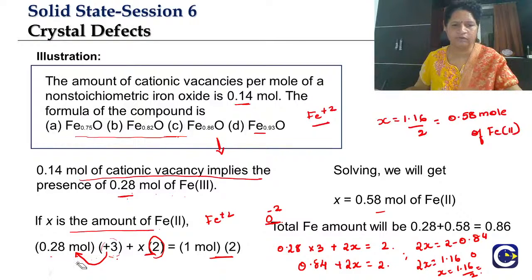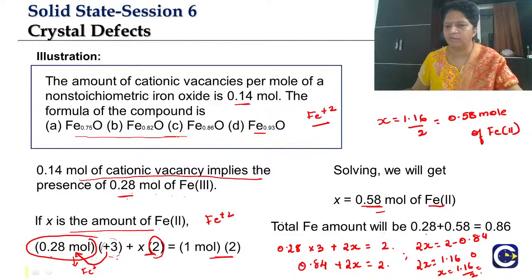0.28 moles of Fe plus 3, 0.58 moles of. See, we stopped here. The options were given for the complete composition of the compound. What we have got is 0.58 moles of iron plus 2. Here we already have 0.28 moles of iron in plus 3 state.